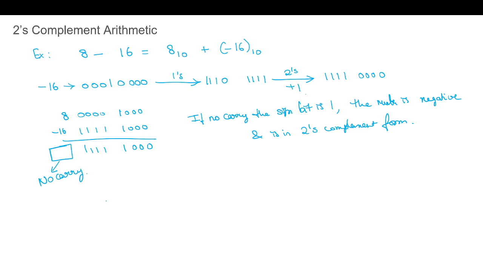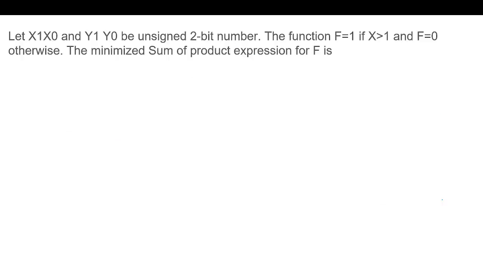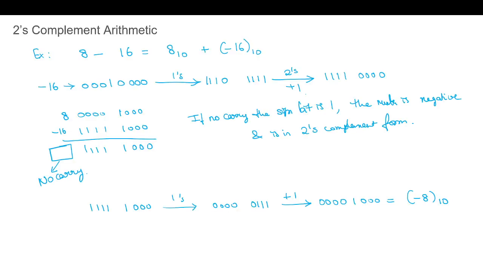So now again we have to take the 2's complement: first the 1's complement, then add 1. So this gives minus 8. Let's try one more example.